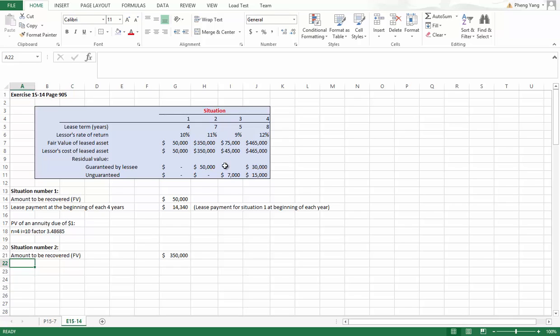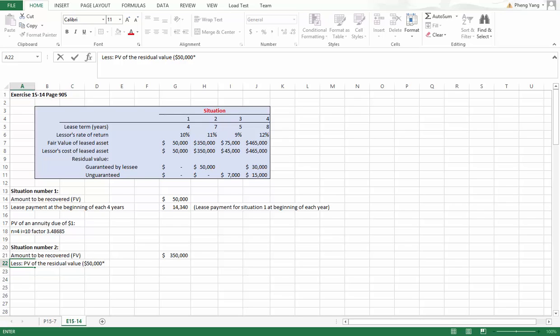If it's not worth that, the lessee would either pay that in the form of cash or, of course, upgrade the asset to its worth of $50,000. However they want to do it, they're guaranteeing that once the lessee returns the asset, it's going to be worth $50,000. So with that in mind, we have to subtract the present value of the residual value, which is that 50,000 times the factor.